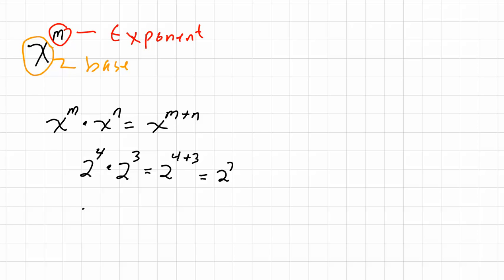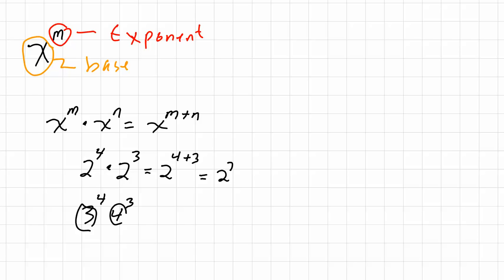If we have 3 to the 4th times 4 to the 3rd, we can't combine these because the bases are not the same. So we'd have to just leave them as exponents or calculate the exponents and then multiply.